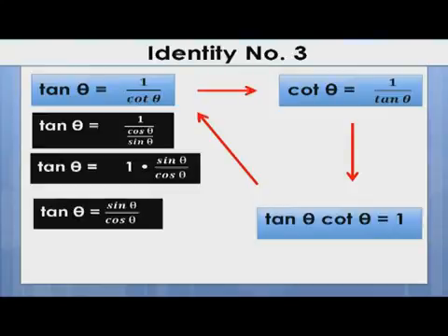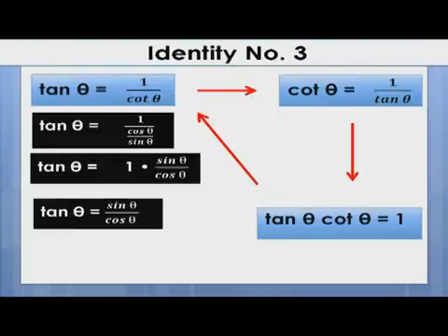Then tangent theta is equal to 1 times the reciprocal of the denominator, which is sine theta over cosine theta. Tangent theta is equal to sine theta over cosine theta. That's why tangent theta is just the reciprocal of the cotangent theta.